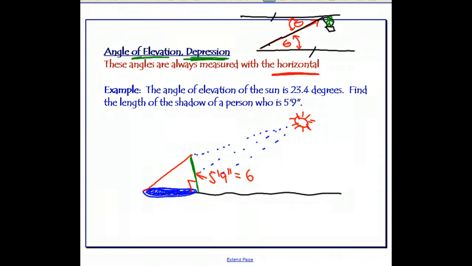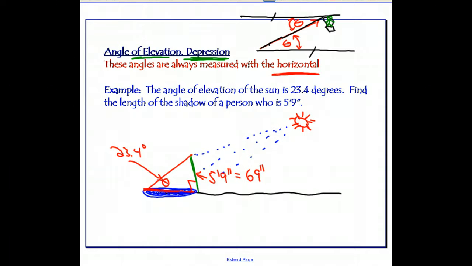So check this out, 5 feet 9 inches is the same thing as 69 inches, just so we have common units, so we don't mix feet and inches together. So there's one more thing. And then the angle of elevation, look guys, from the horizontal up, that angle right there is 23.4 degrees. Okay, we can solve this triangle.